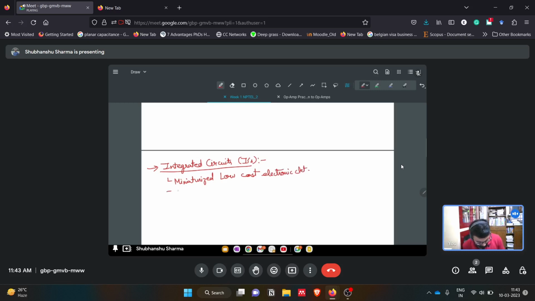These consist of passive and active components which are fabricated on a substrate, and the substrate we normally take as silicon.